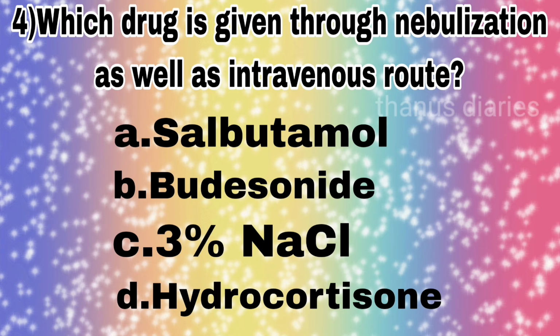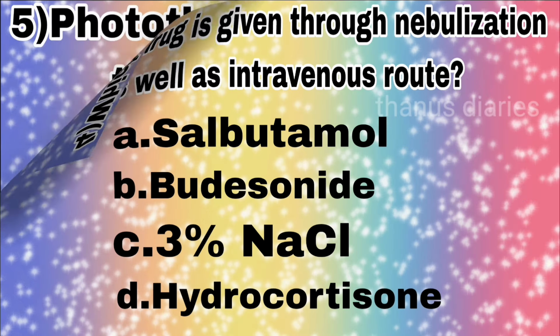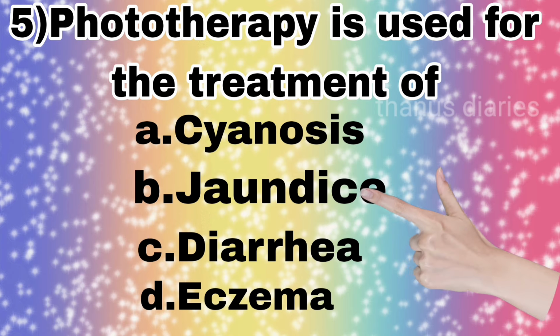Salbutamol, budesonide, 3% NaCl and hydrocortisone. Answer is salbutamol. Next question. Phototherapy is used for the treatment of cyanosis, jaundice, diarrhea, eczema. It's used for jaundice.